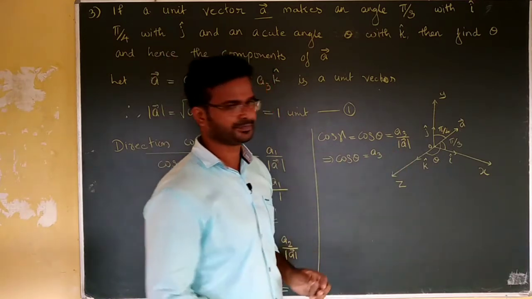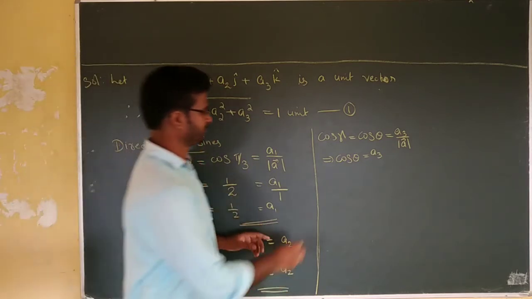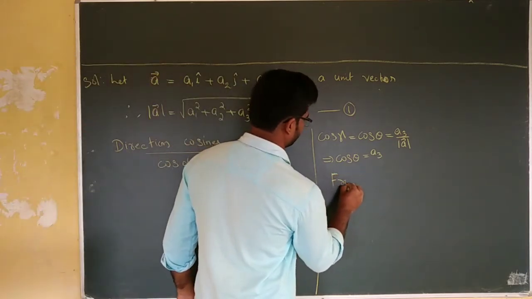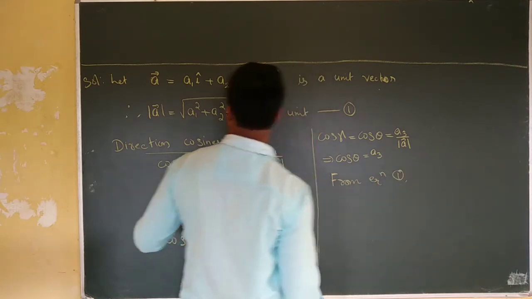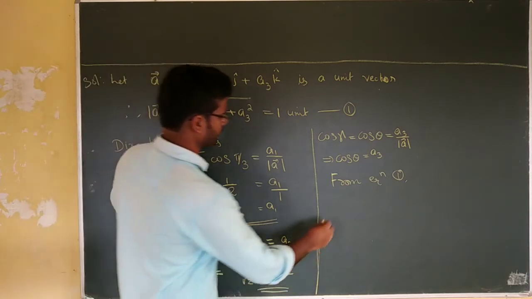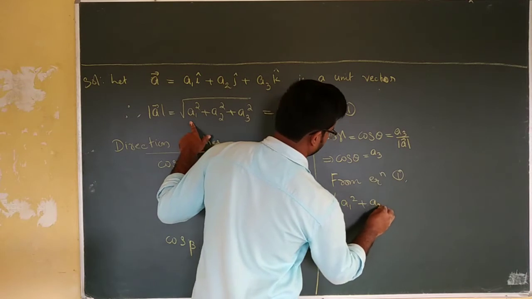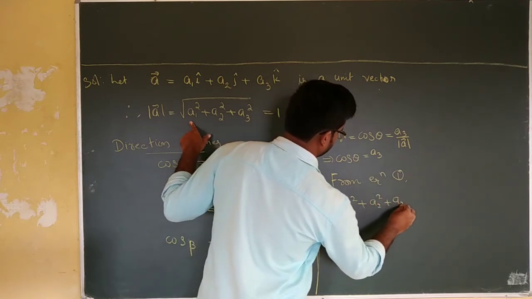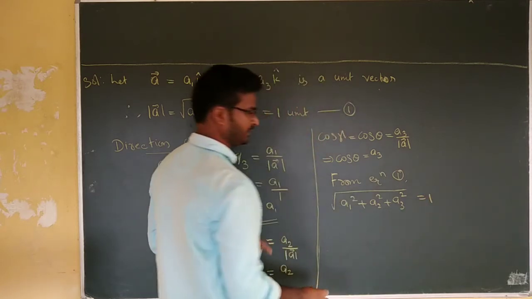Now we are going to use equation number 1. What is equation number 1? That is magnitude of A vector equal to square root of a1 square plus a2 square plus a3 square equal to 1.